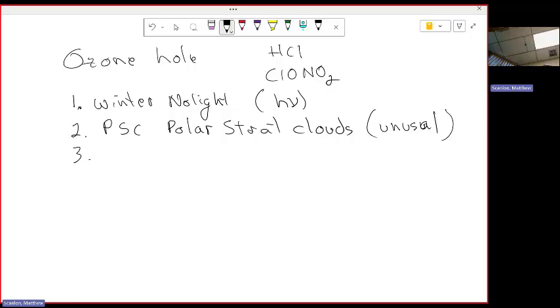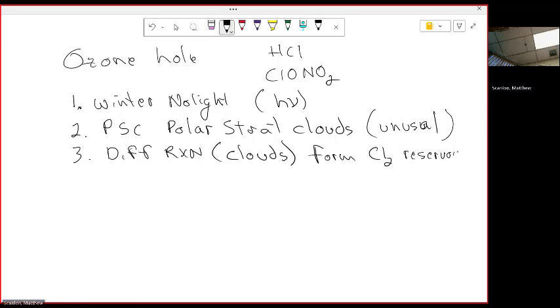And so three, we're going to have a different set of reactions that occur on these clouds, and we'll form a reservoir really of Cl2. It gets worse than that, but the Cl2 is going to be a problem. The normal reservoirs are not happening because we have no light.